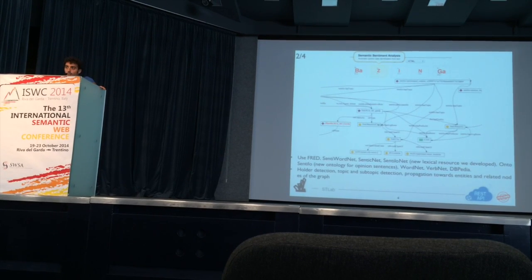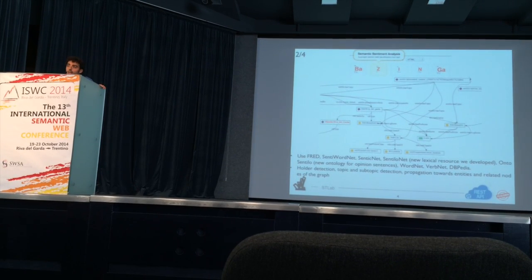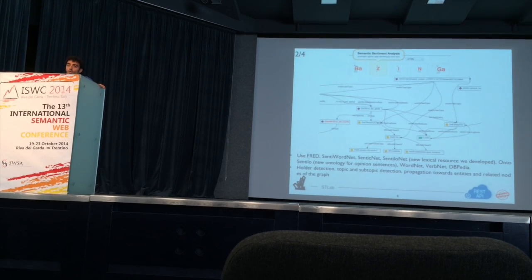This is the second component that we have, and it's the semantic sentiment analysis. I want to say a few words about it. When I first joined the Semantic Laboratory of CNR, in July 2013, I had come from the US and I was working on sentiment analysis.